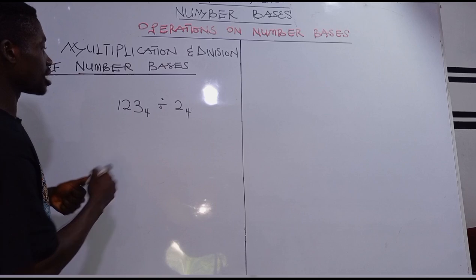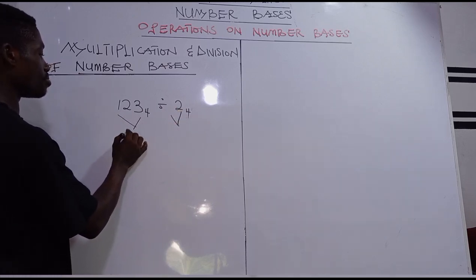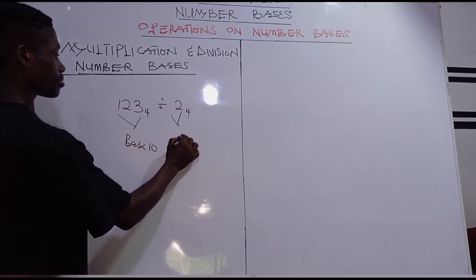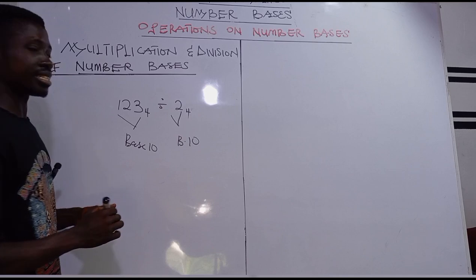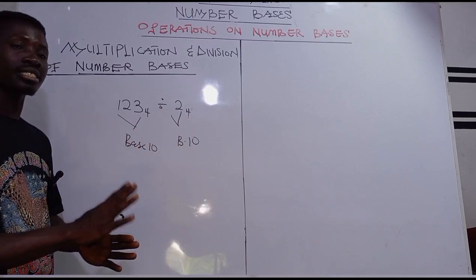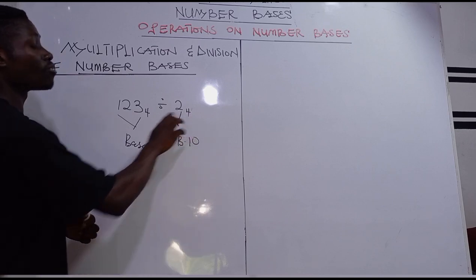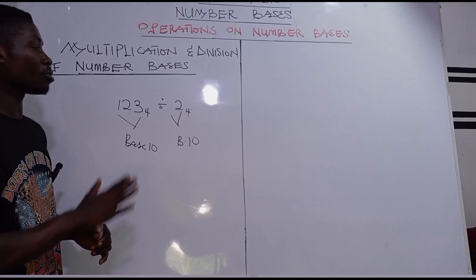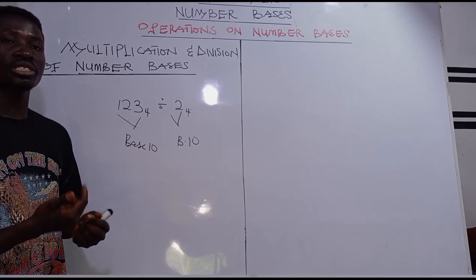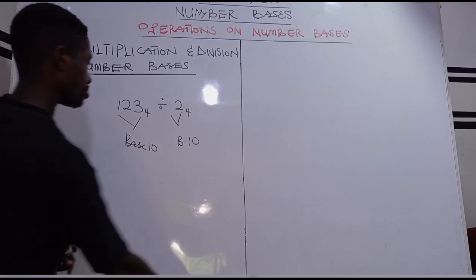So what we are going to do is convert these numbers into base 10, and then we perform the division in base 10. Then the final answer that we get, we are going to convert it back to base 4. That is how we perform division of numbers in other bases. So we are going to take examples and then see how it goes. Is that clear? Good.